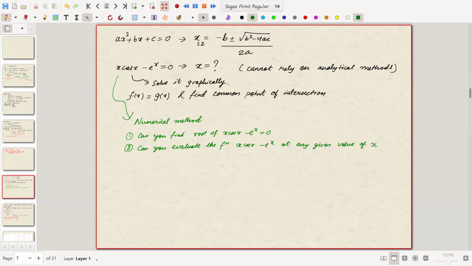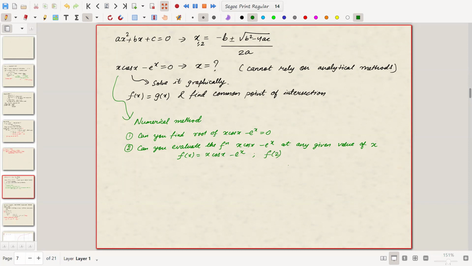Which one is easier, first or second? Say in step 2, I can say f(x) = x cos x - e^x, and I say find f(2). Is this easy? The second step is easy.